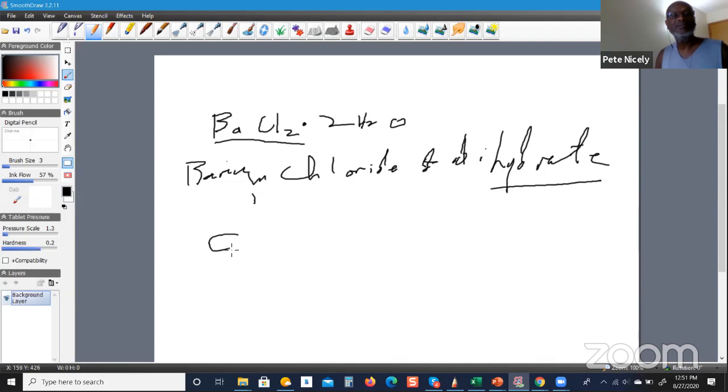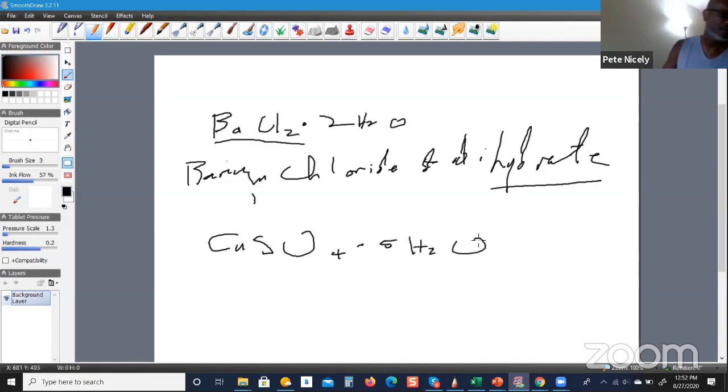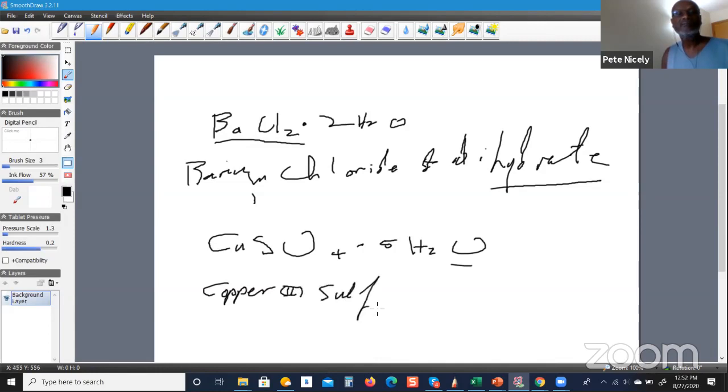So the next one is CuSO4 dot 5H2O. In this case, the name of this compound would be copper 2 sulfate pentahydrate.